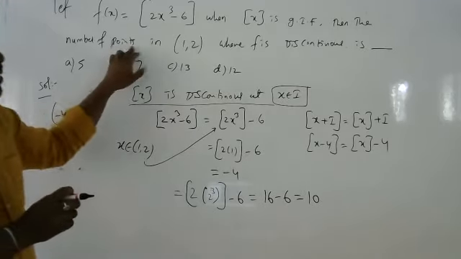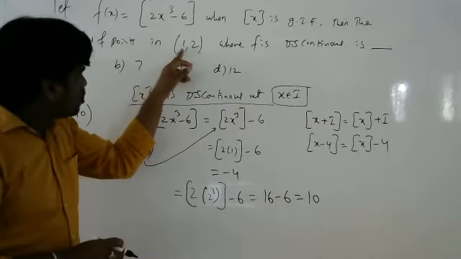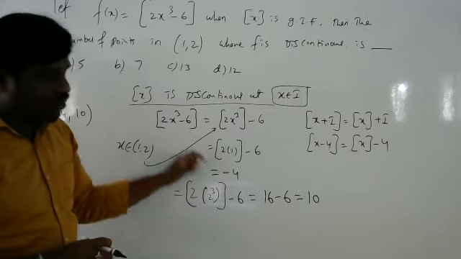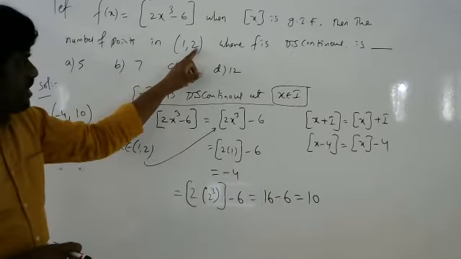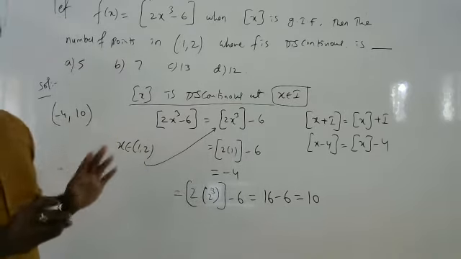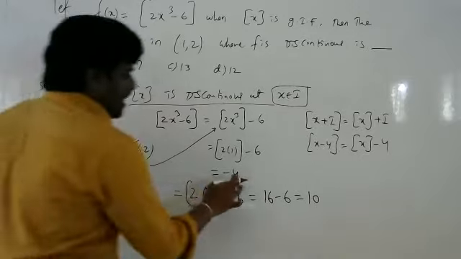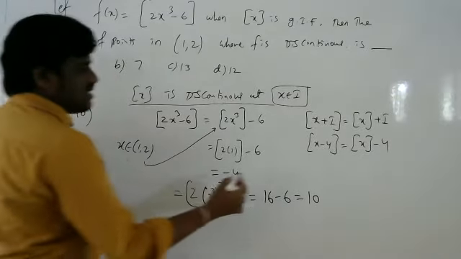How many points will give integer discontinuity? If I substitute the corner point 1, I am getting 4. If I substitute 2 here, I am getting 10. Means how many integers did we miss out? Minus 4 to 10.